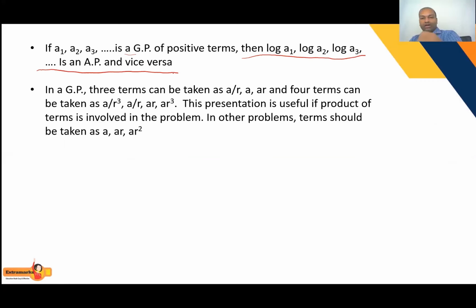Already at the time of introduction of GP, we wrote the general series. First term A, next term AR, next term AR square, AR cube, and so on. It is in GP, right?